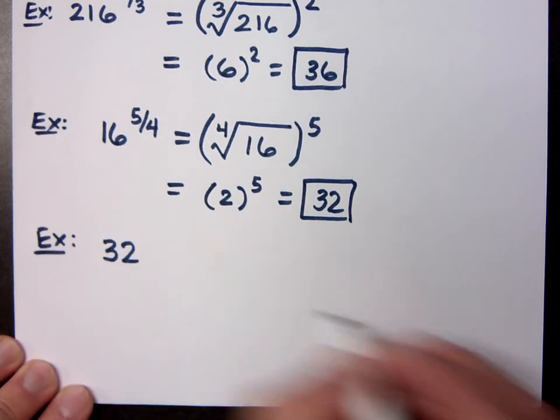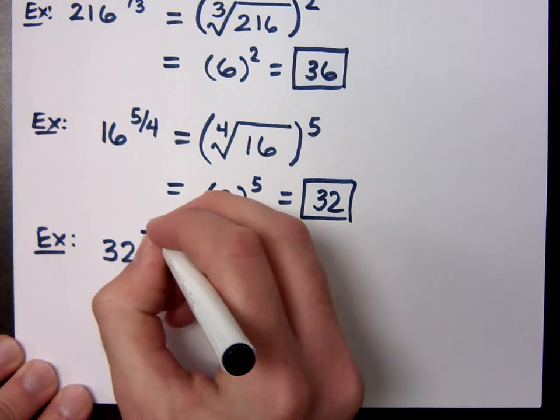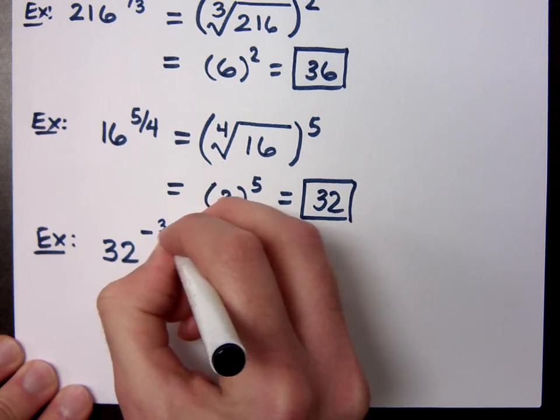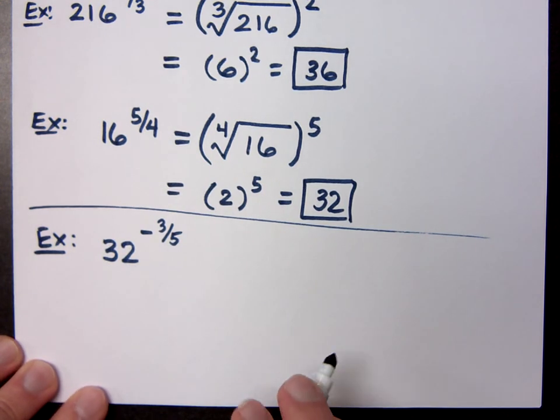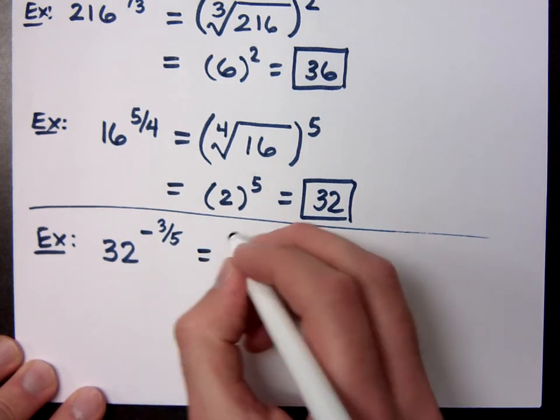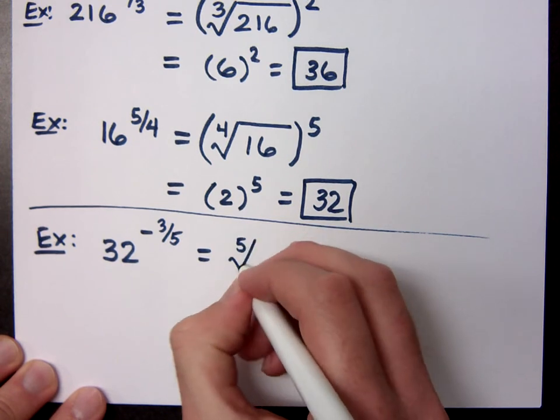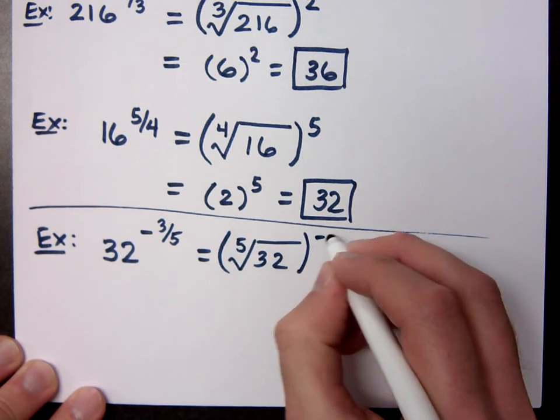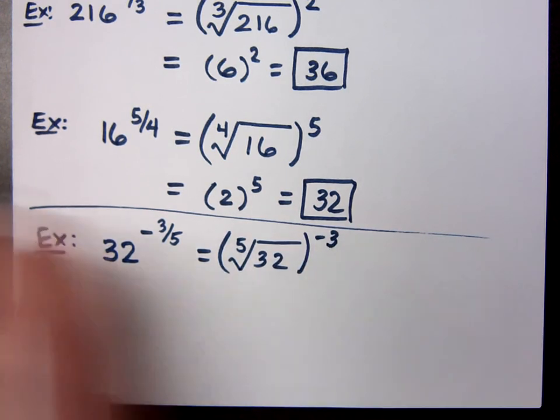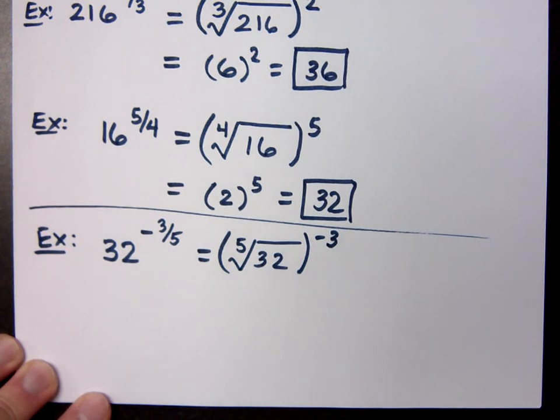If I have 32 to the negative 3/5 power, you're saying the fifth root of 32, and then this is to the negative third power. It's a negative power, so it goes back to stuff we did before.